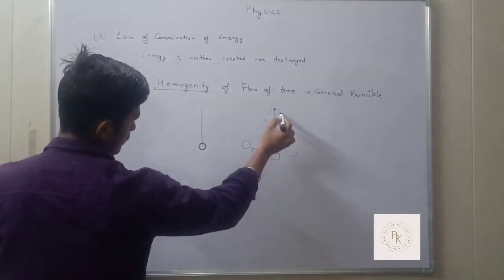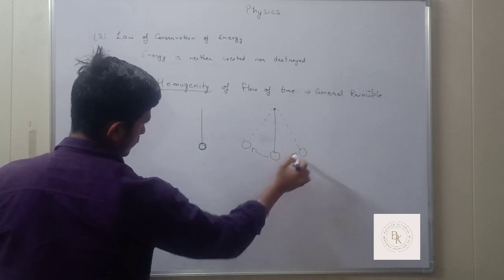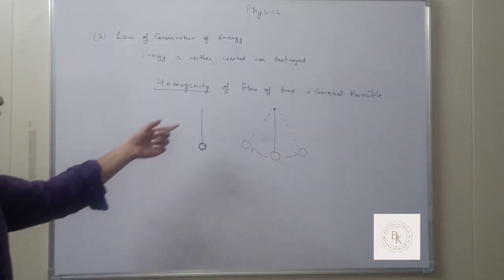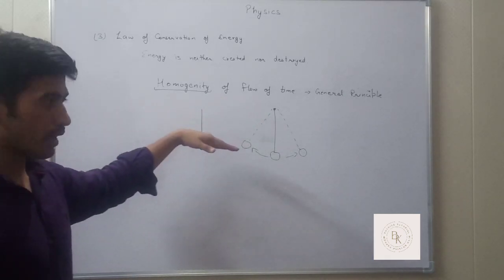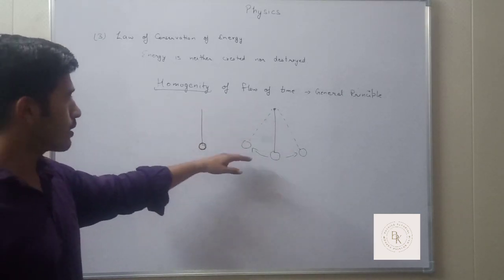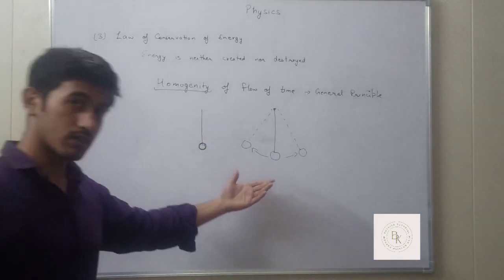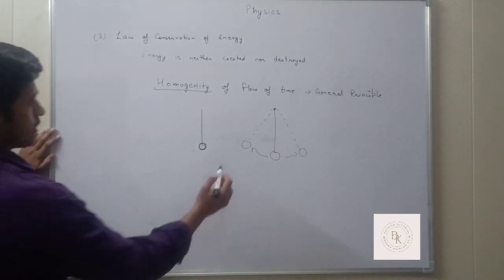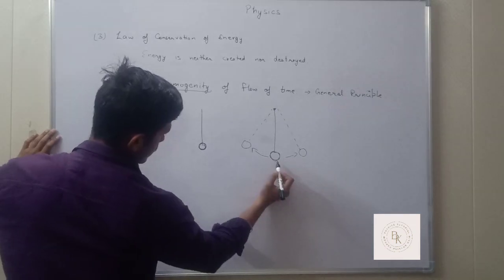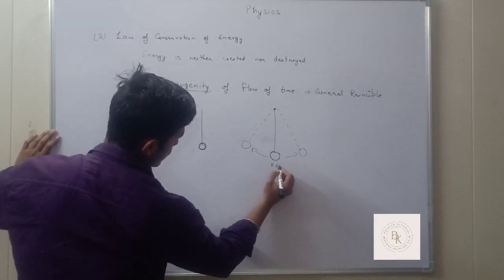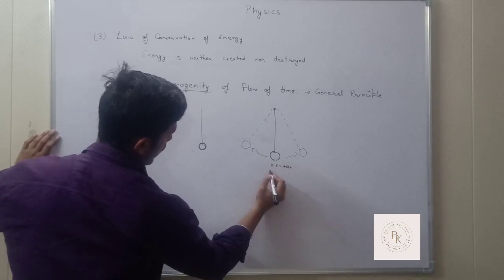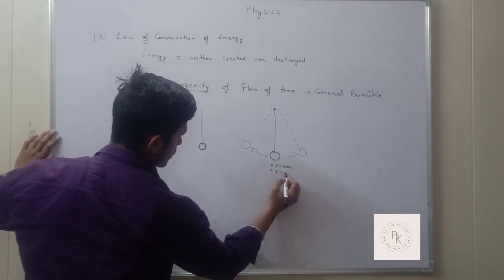So in this phenomenon of the pendulum moving to and fro, we say that according to the homogeneity of flow of time, time moves homogeneously, and with this homogeneous flow of time, the energy is conserved. In this state, kinetic energy is maximum and potential energy is minimum.